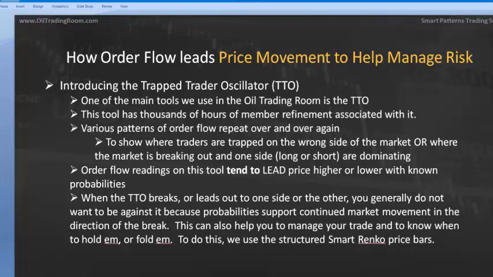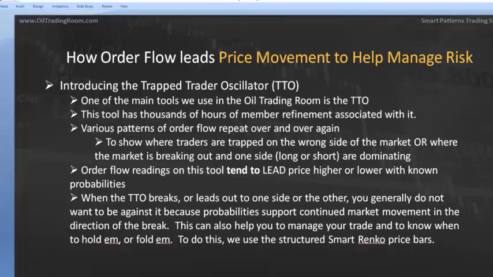To do this, we use the structured Smart Renko price bars. The price bars that I'm going to put on these charts for you are called the Smart Renko bars, and this type of bar is structured. A lot of people don't really think about it, but when you choose a bar type for your chart, you're making a decision about what you're filtering. A bar is actually a type of price filter, and it can make a huge difference in what you're able to see on the chart.